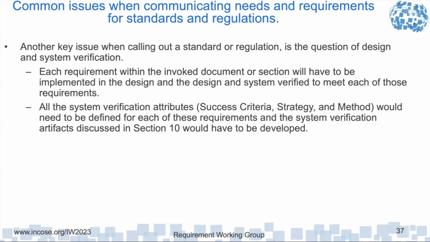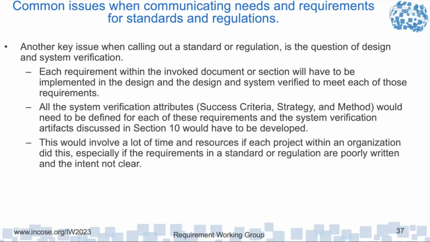If I invoke in one requirement 100 other requirements, where is all this information defined? Again, kicking the can down the road. And the cost and schedule implications of verifying all those requirements haven't been considered up front, which can lead to a lot of overruns. Doing this can involve a lot of time and resources.